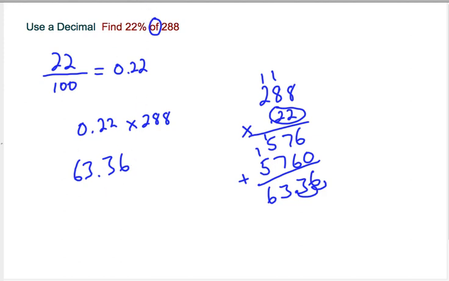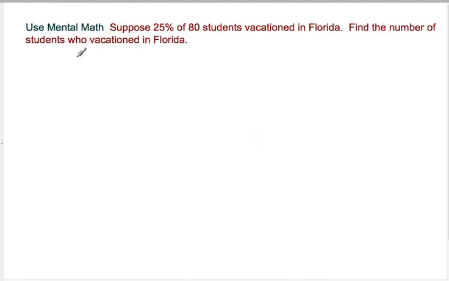So this makes a lot of sense after I do my calculation here. We could also check it on a calculator and find that that is correct. Well, I might as well check it since I'm telling you to do that. Got my trusty phone calculator. 288 times 0.22 equals 63.36. Great.